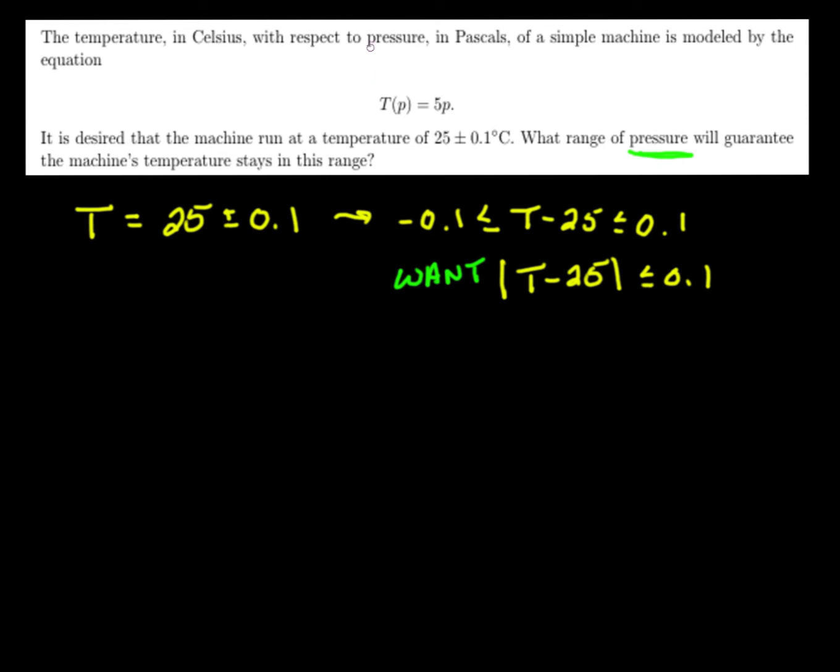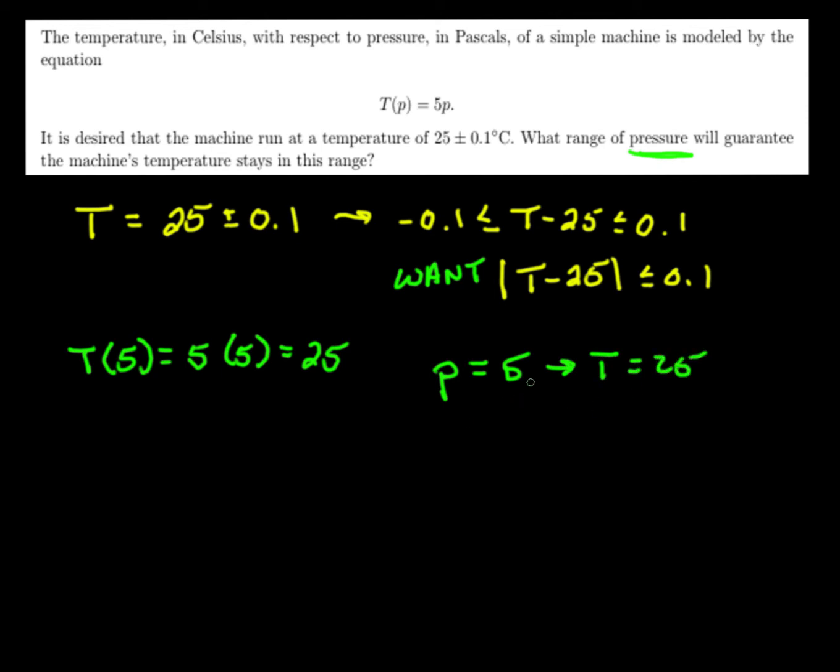Well, it's pretty straightforward. I know that T of 5 will give me 5 times 5, which is 25. So if P is equal to 5, then temperature is equal to 25. Right? So if our pressure is 5 pascals, our temperature will be 25 degrees Celsius.